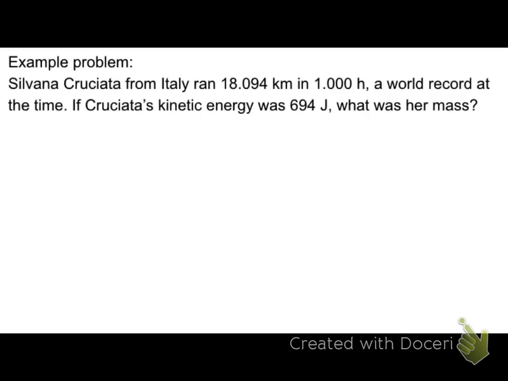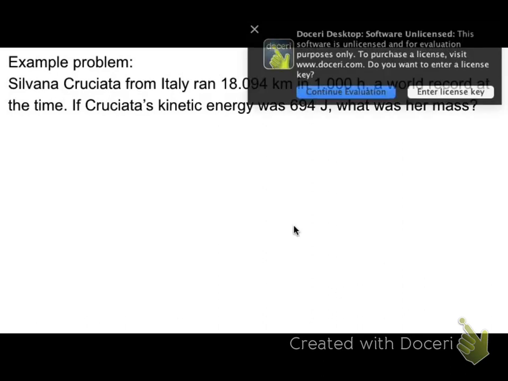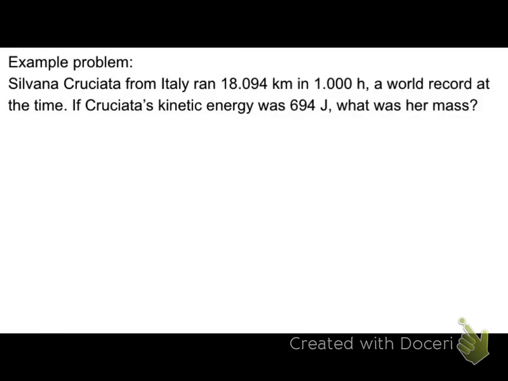Let's look at an example problem. Silvana Cruciata from Italy ran 18.094 kilometers in 1 hour. It's a lot of kilometers. Consider that 5 kilometers is approximately 3.01 miles.